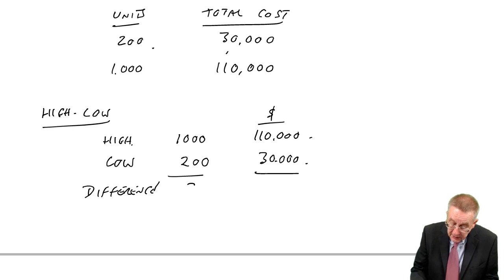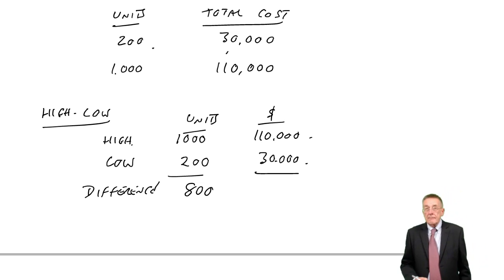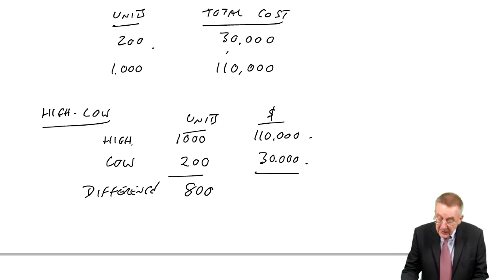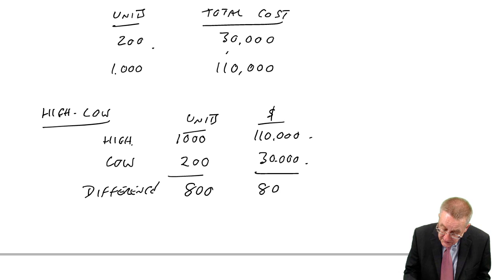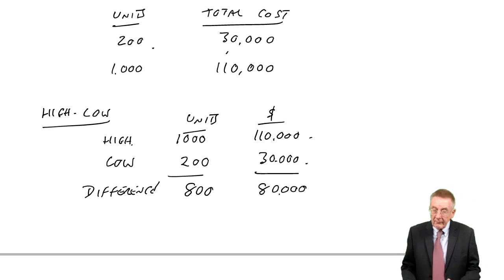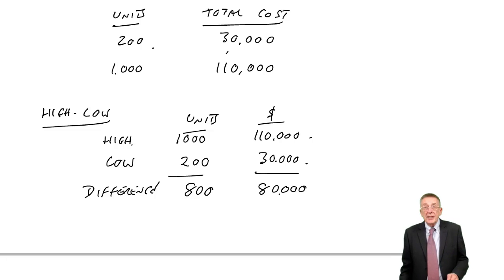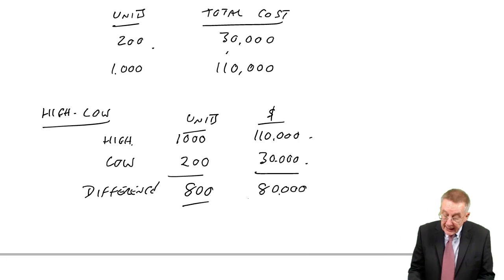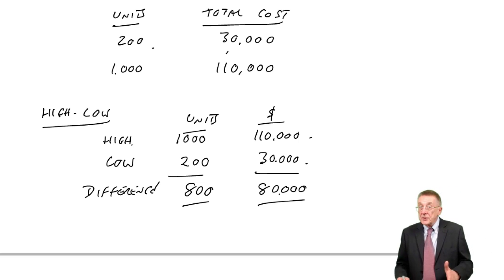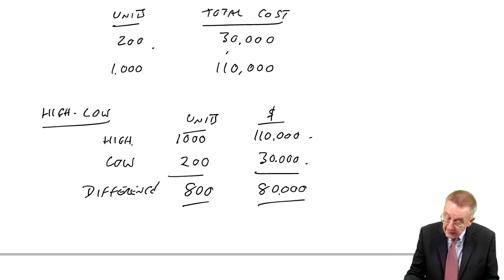The high one had 800 more units, and there was an extra cost of 80,000. And again, because the fixed cost isn't changing, that 80,000 must be the extra variable cost of those extra units.